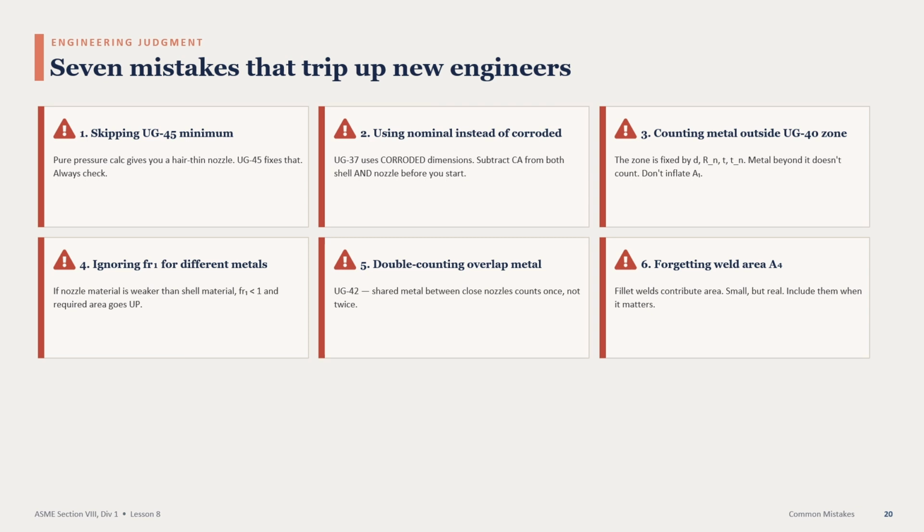Include them when the margin is tight. And 7. Not checking heads for openings. UG-37 applies to holes in heads too, but the required thickness in that case is the head's T sub R, not the shell's. Different formula, same principle.